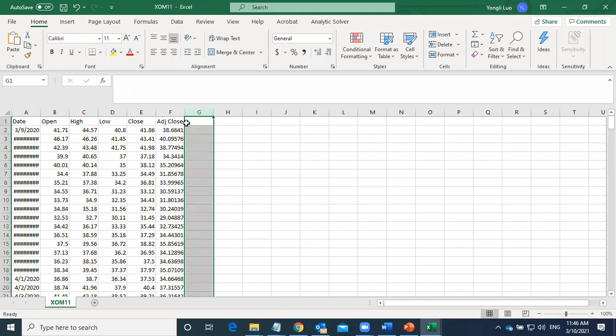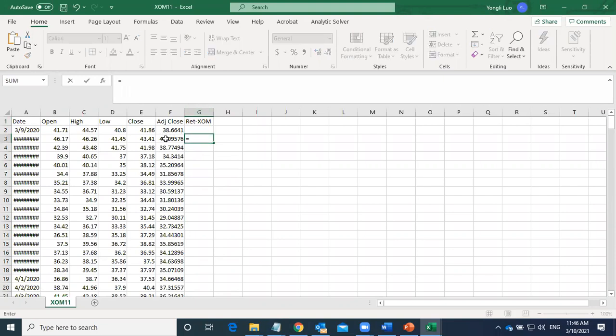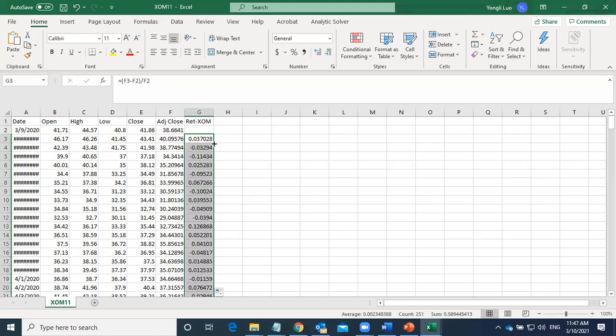We don't need the trading volume. So you just get the return for ExxonMobil. The return, remember, is the most recent adjusted price minus the previous adjusted price, divided by the previous adjusted price. So that's the return for ExxonMobil.